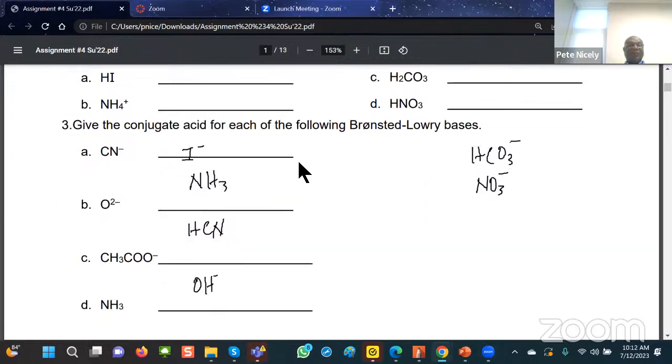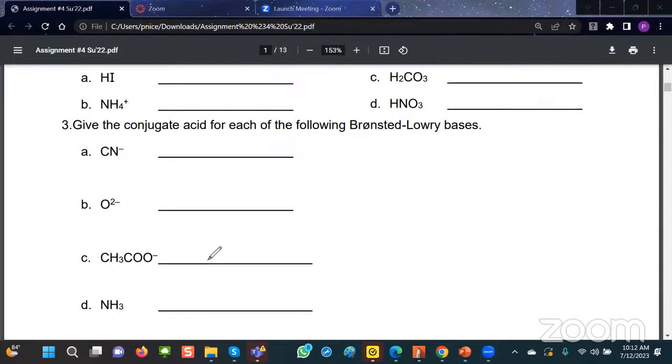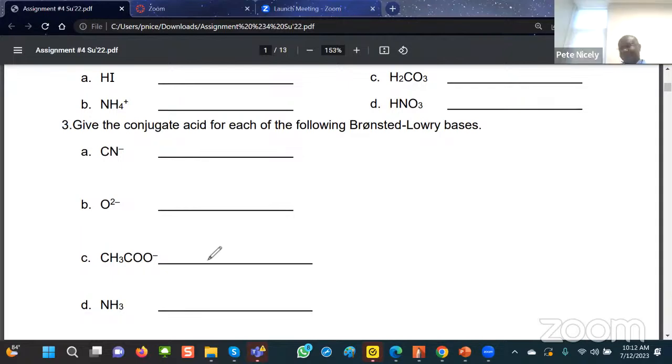Let me clear all drawing, since I want to avoid confusion. Okay, so C. What's the answer for C? CH3COOH.